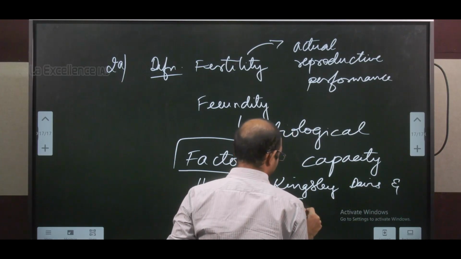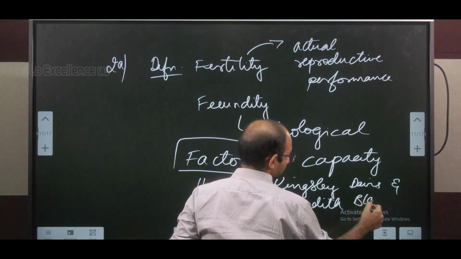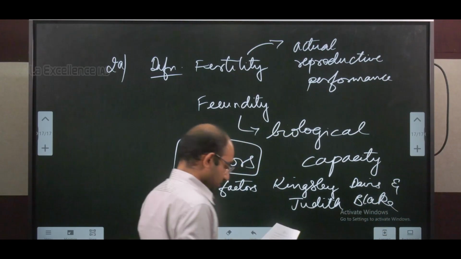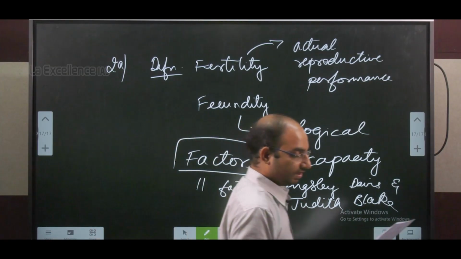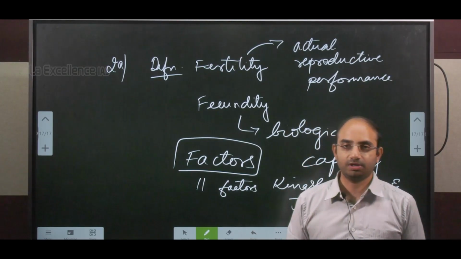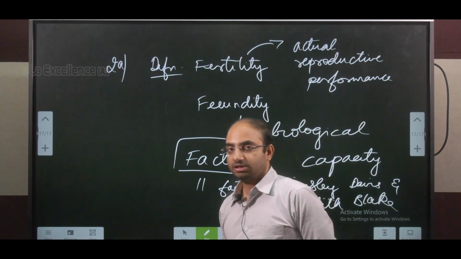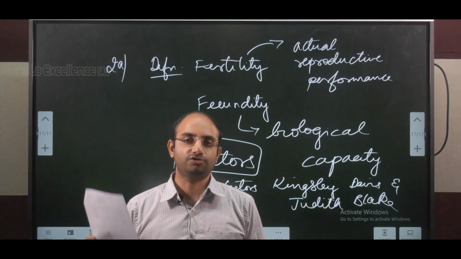You can discuss these factors in your answer, and that's it. And finally, significance. Fertility and fecundity are very important in the sense that these two play a very important role in determining the population size, population growth, as well as population structure.